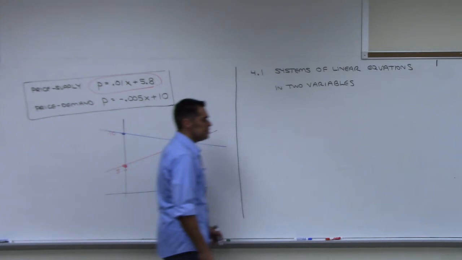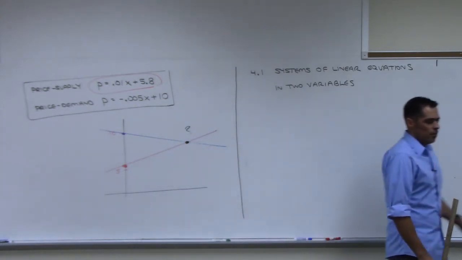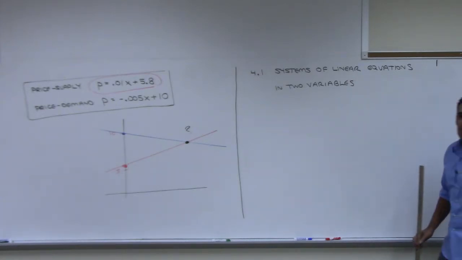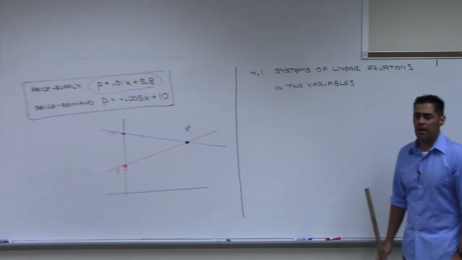And that word systems stands for we have more than one line. And for this book, in this section, it's actually we have two lines, and we're interested in knowing their intersection, all right?